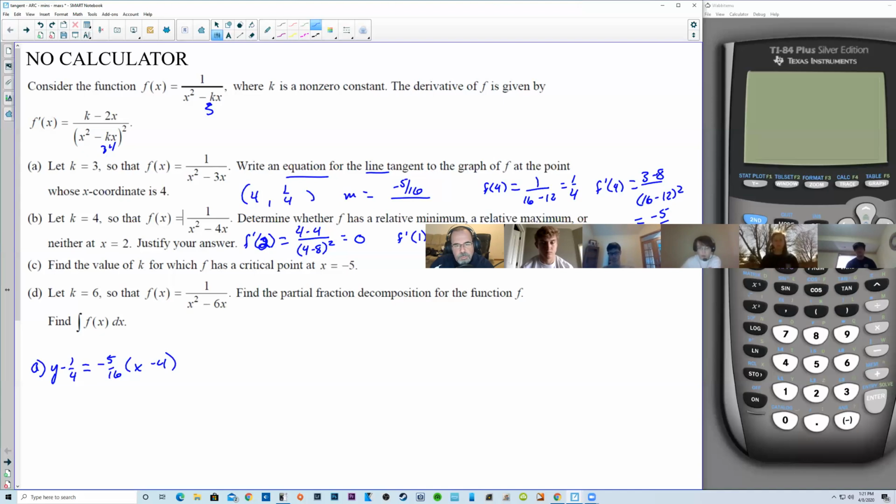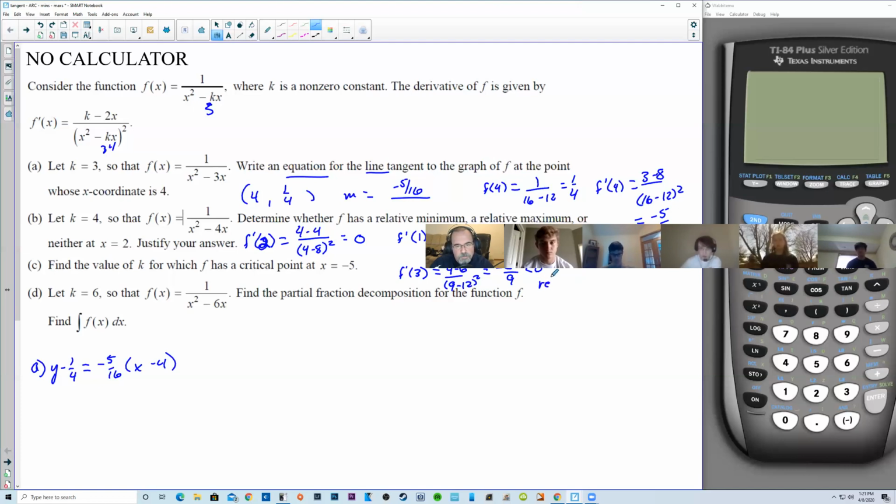But more importantly, that is positive. f prime of 3, on the other side of 2, is equal to 4 minus 6 over 9 minus 12 squared. That's negative 2 over 9, negative 2/9, which is less than 0. So the derivative goes from positive to negative.